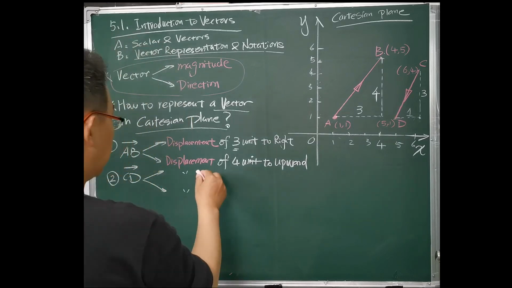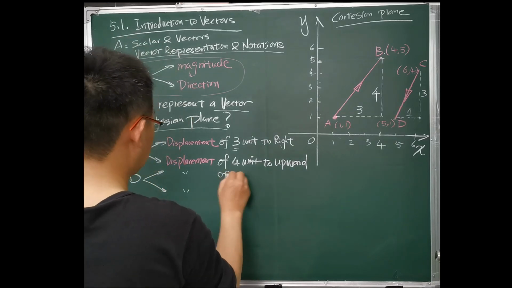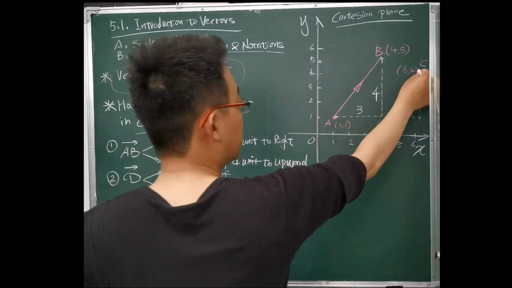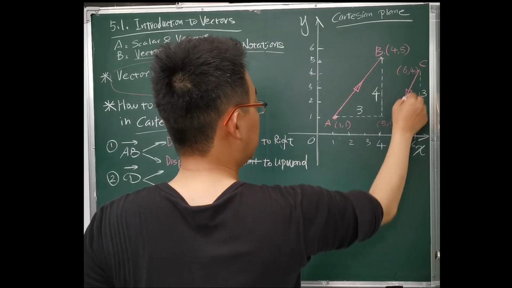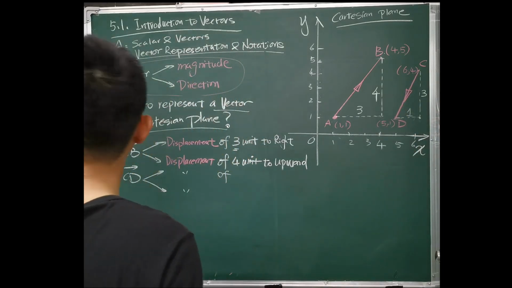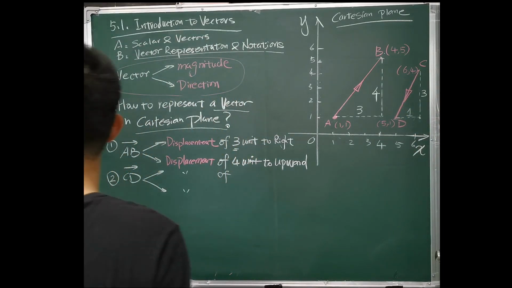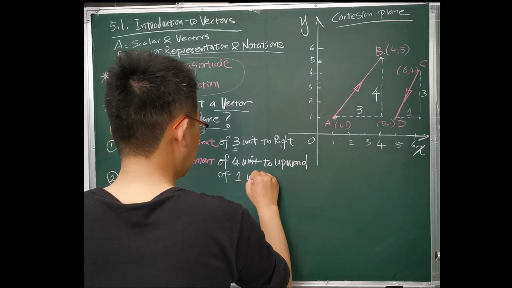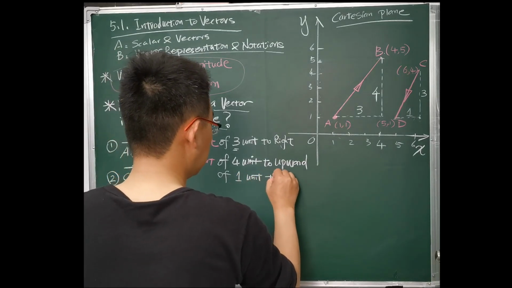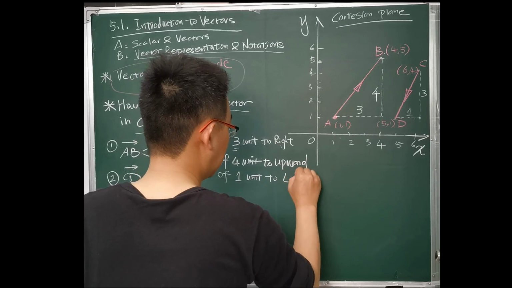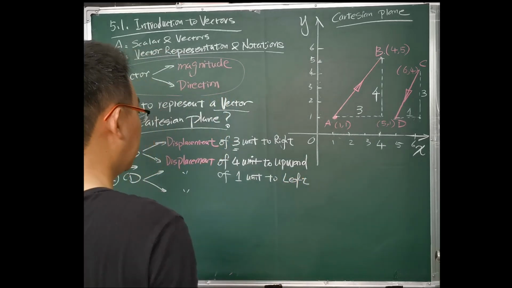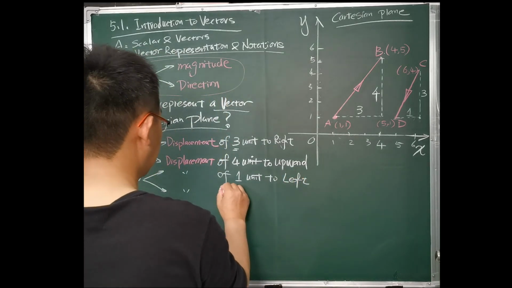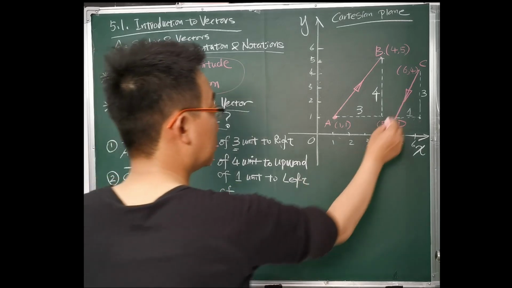So from C to D, they're moving 1 unit to the left, right? And the other one, they're going down.